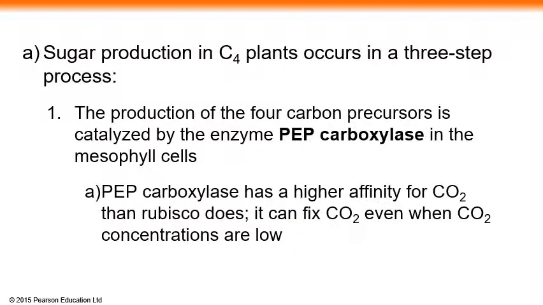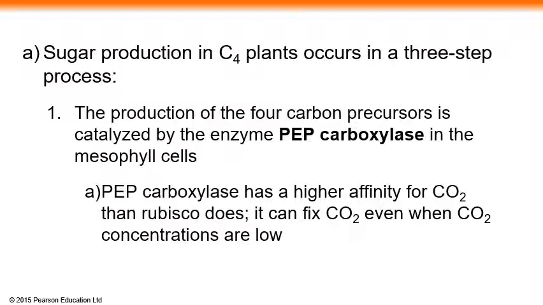Inside the mesophyll cell chloroplast of a C4 plant, we can find the enzyme PEP carboxylase. Sugar production in C4 plants occurs in a three-step process. The production of the 4 carbon precursors is catalyzed by the enzyme PEP carboxylase in the mesophyll cell.